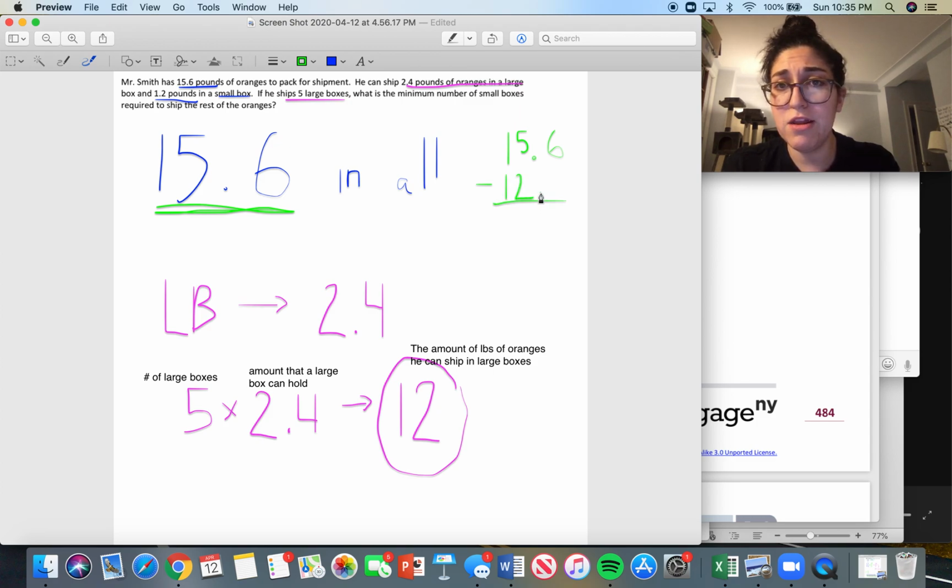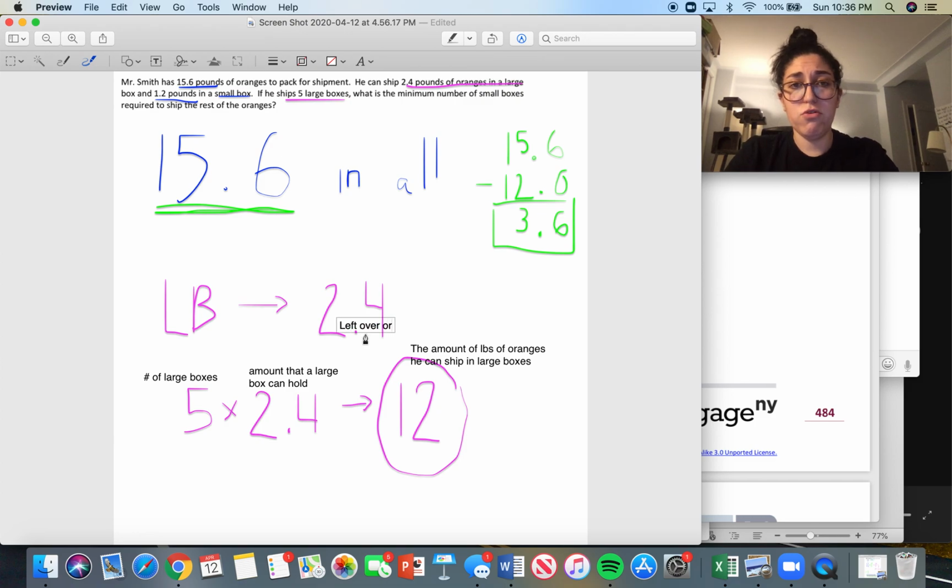And the reason that I'm lining the 12 up under the 15 is because it's 12 wholes. If I lined it up with a 1 here and a 2 here, then it would be 15.6 minus 1.2, which is not what I have. I have 12 whole pounds. And what I'm going to end up with is 3.6 pounds left over. So this 3.6 is leftover oranges that need small boxes.